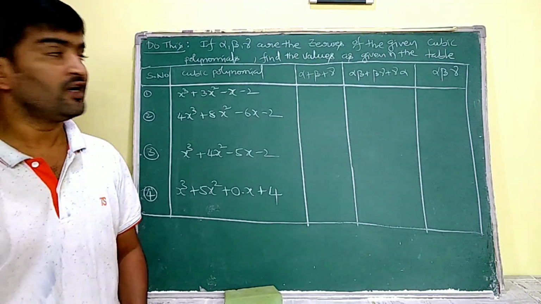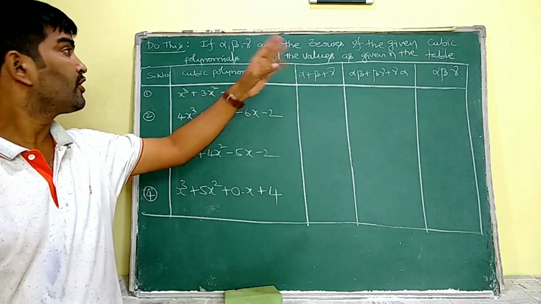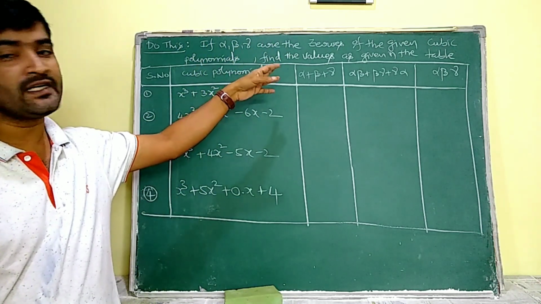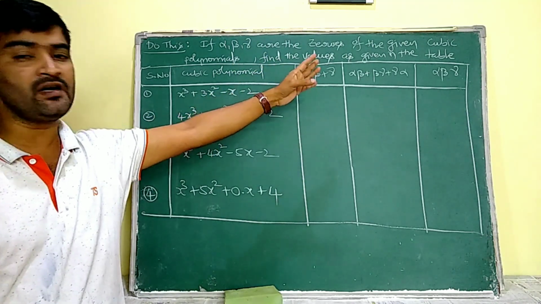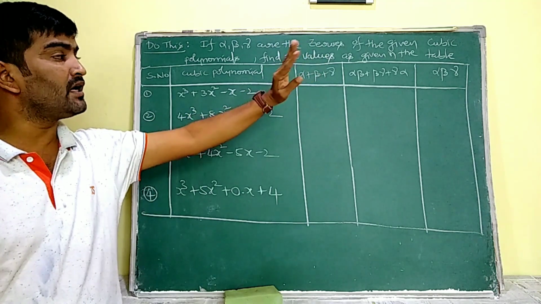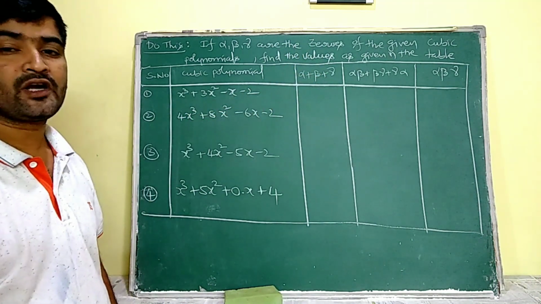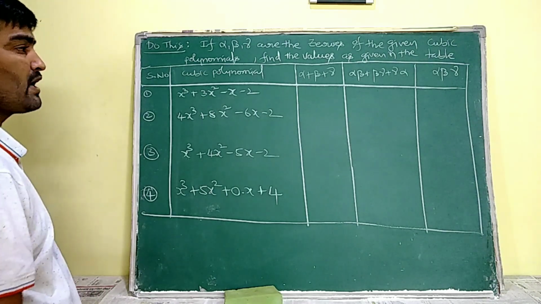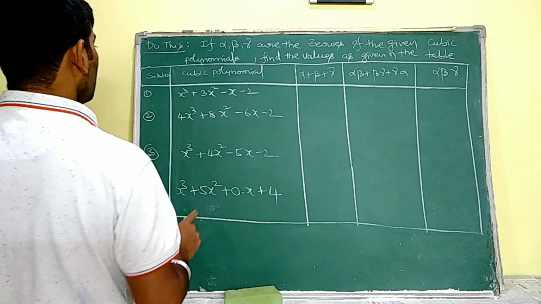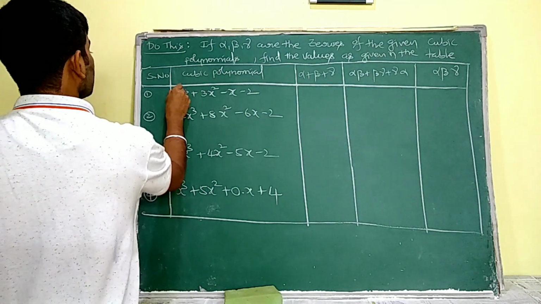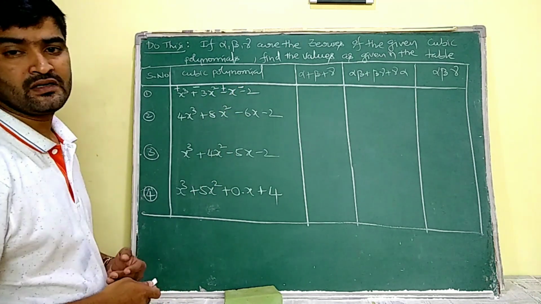Okay, do this. If alpha, beta, gamma are the zeros of the cubic polynomials, then he is asking us to find the values as given in the table. That means alpha plus beta plus gamma, alpha beta plus beta gamma plus gamma alpha, and alpha beta gamma we have to calculate. As we discussed earlier, to calculate the sum of zeros, the sum of product of two zeros and the product of zeros, we are going to write alternately plus minus on the symbols.